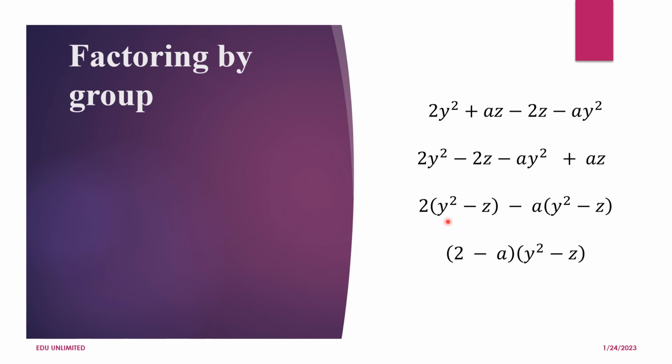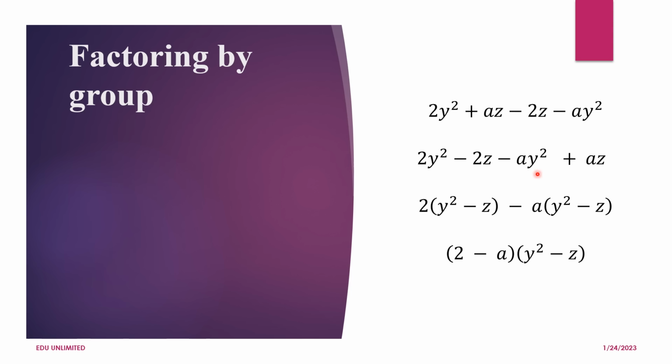Again, anything that's in this bracket, for the factorization to be correct, it must also be in this bracket. And so we also see that a common factor here in this part of the expression is a. So we pull now minus a out.